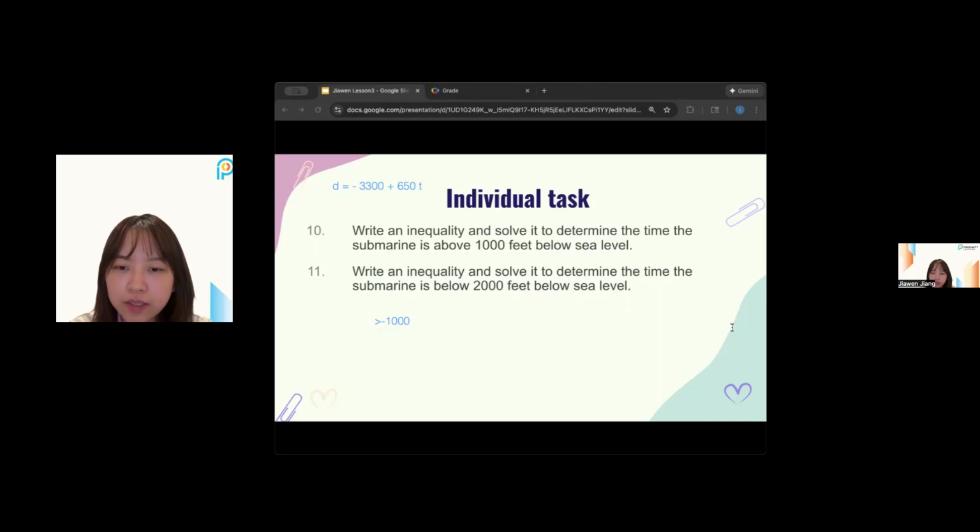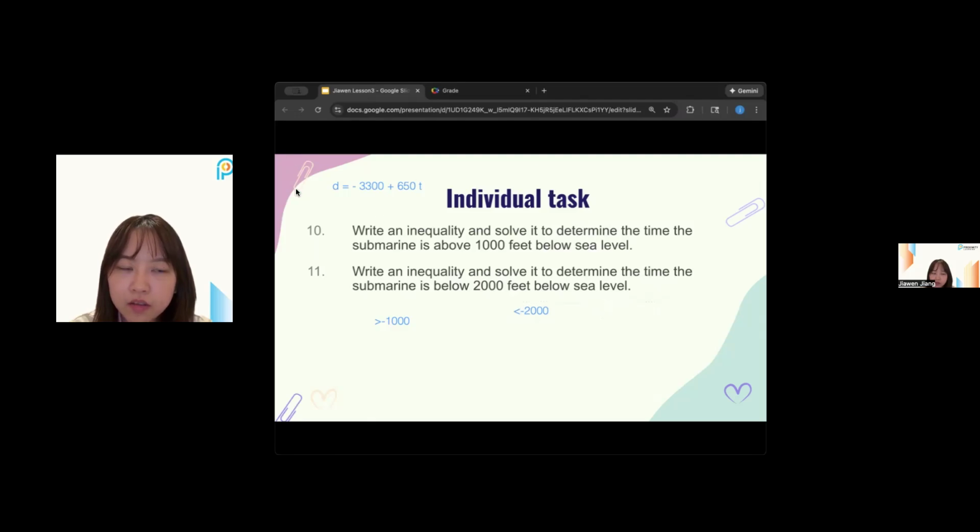The next question is to write an inequality to determine the time the submarine is below 2,000 feet below sea level, okay? So 2,000 feet below sea level means minus 2,000, right? And it's below, so what does below mean? Below means less than.